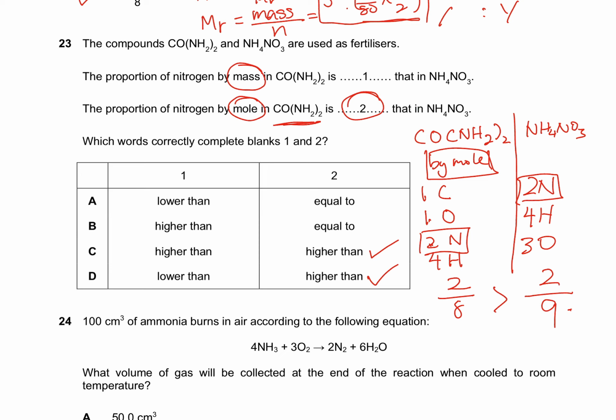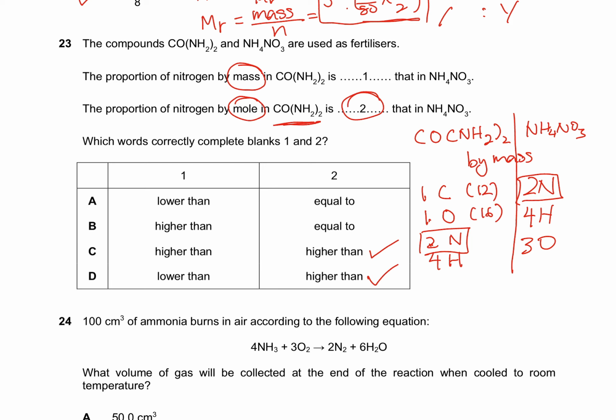However, by mass is a slightly different calculation. So let's keep this working here, and we're going to modify it slightly to do it by mass. Now, by mass, we need to include the relative atomic mass of each of these atoms. So C is 12, O is 16, nitrogen is 14, and hydrogen is 1.